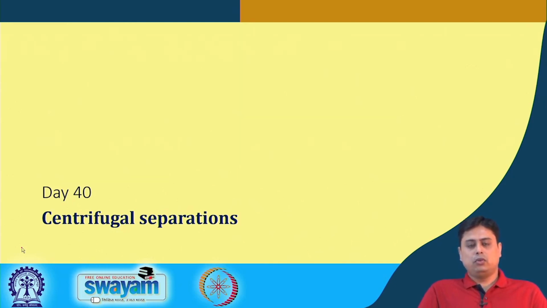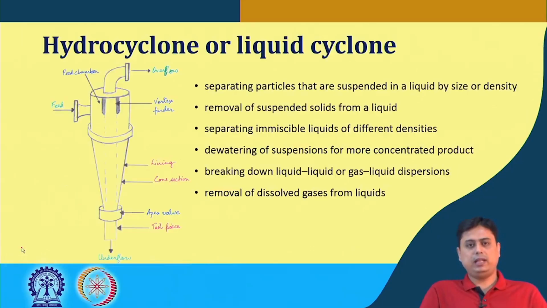We have seen 4 or 5 problems related to that till the last class, and I mentioned that all this concept has been discussed for the gas cyclone. Now the similar concept actually applies to the hydrocyclone or the liquid cyclone as well.